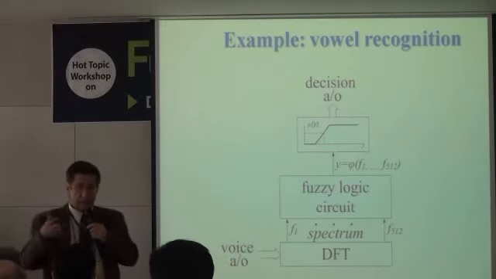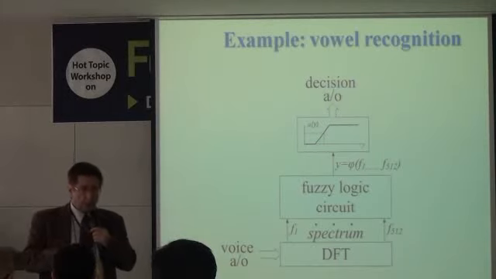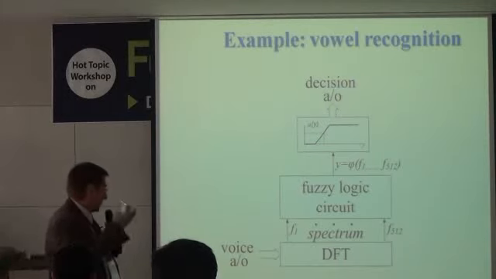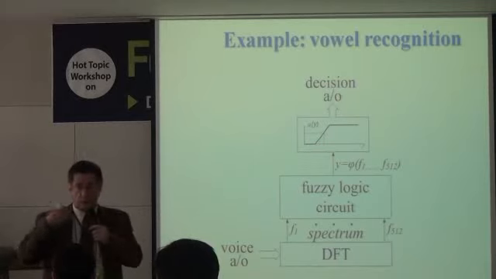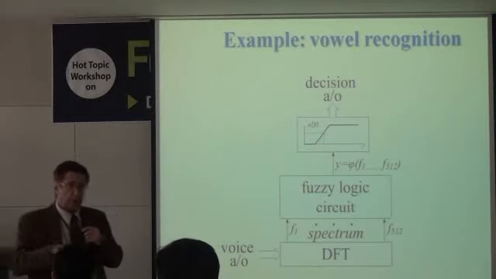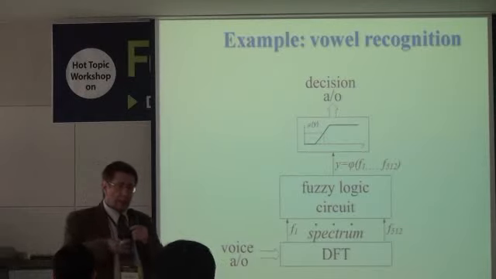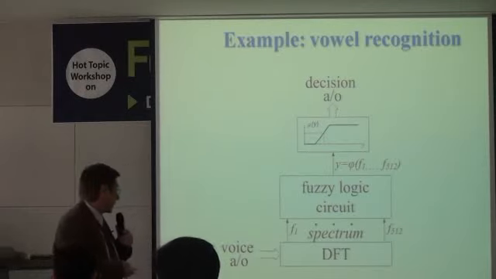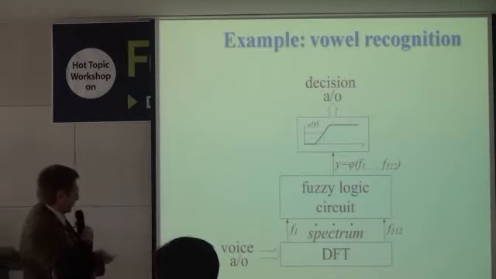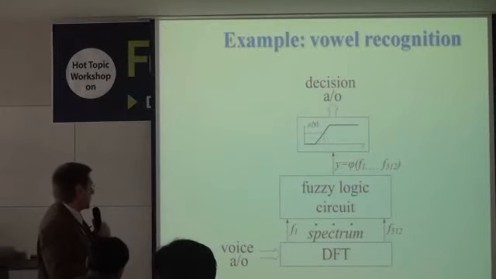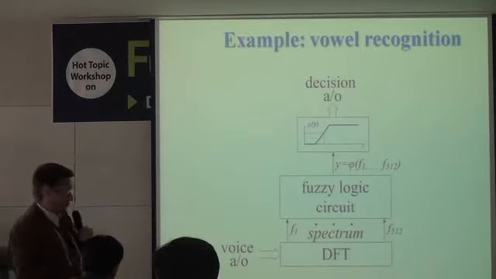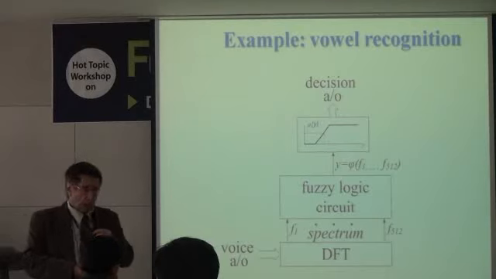Then we can find the structure of the fuzzy logic network which will satisfy some goal which we would like to obtain by this structure. For example, here we have one example for speech recognition.